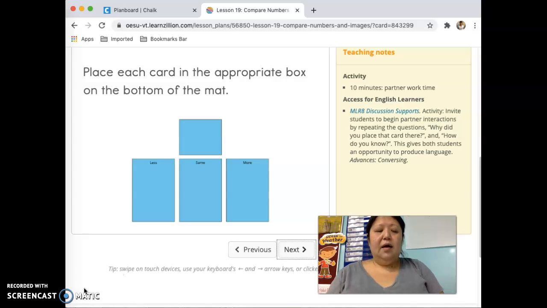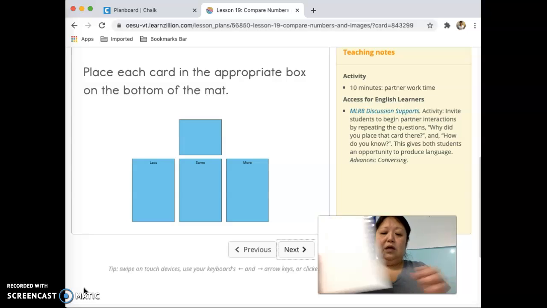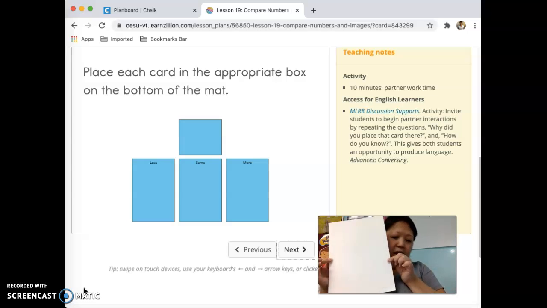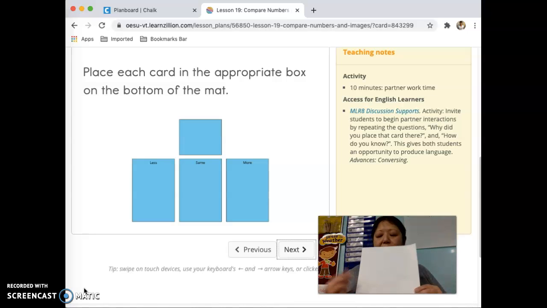Okay. Other than that, we also today spent some time making number representations, and what that was is we had just a piece of paper, and we picked a number between 1 and 10, and then we made group pictures of what that would look like.